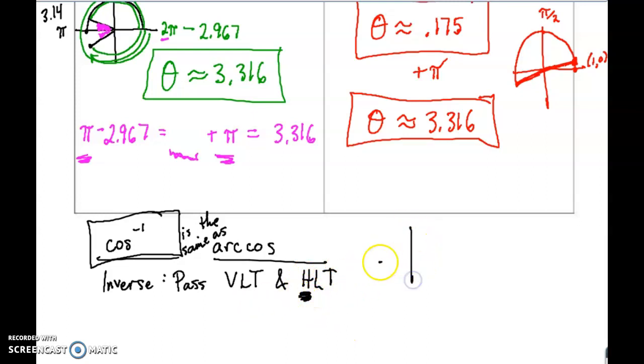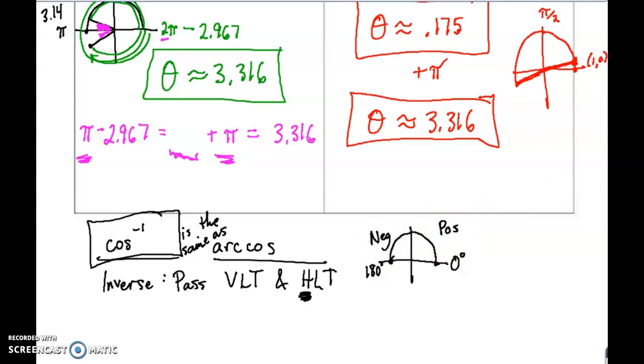If you look on the unit circle, cosine is positive in the first quadrant, and if you continue on, then you get cosine is negative. And because your calculator can only give you one answer at a time, they give you everything from 0 degrees to 180 degrees, or 0 radians to pi radians, because that's where cosine is positive and negative.